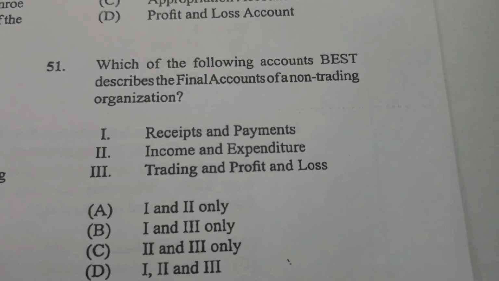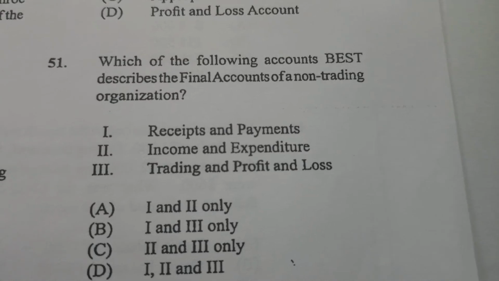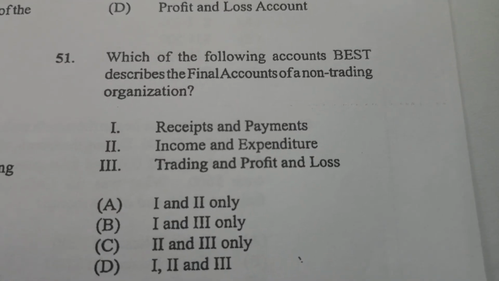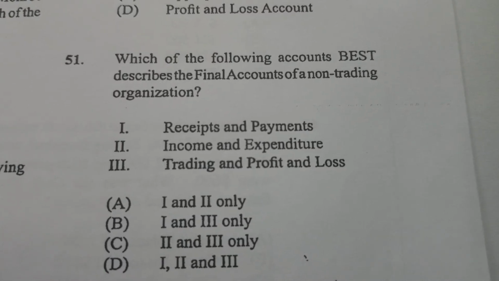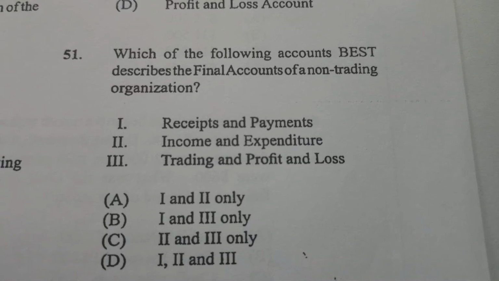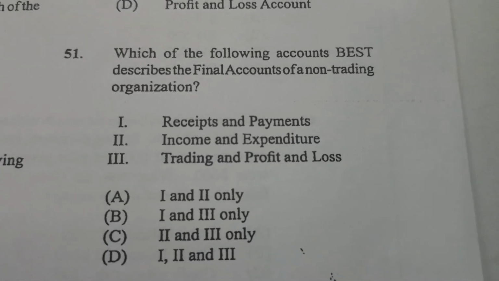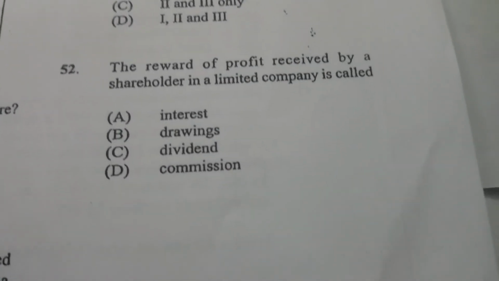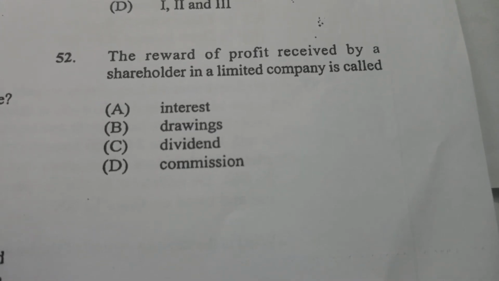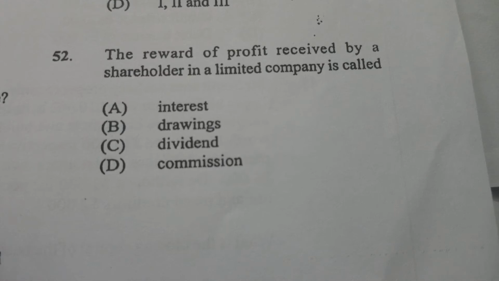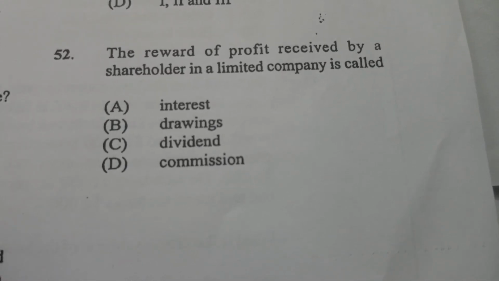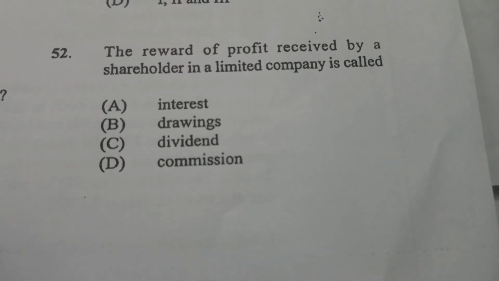Item 51 is telling us that which of the following accounts best describe the final accounts of a non-trading organization. Our response is A, 1 and 2, receipt and payment and income and expenditure. Item 52, the reward of profit received by a shareholder in a limited company is called, and our answer is C, dividend.